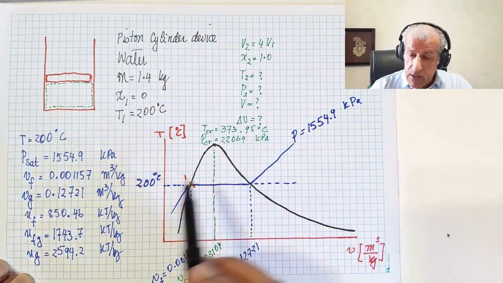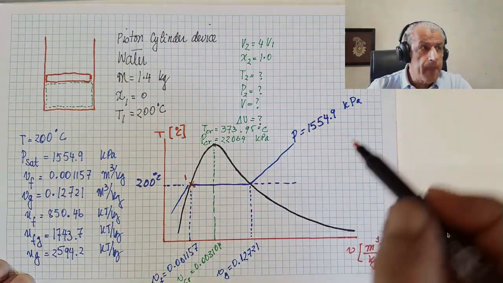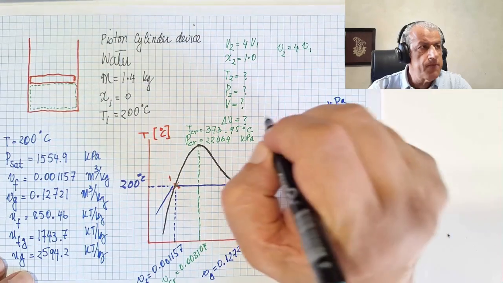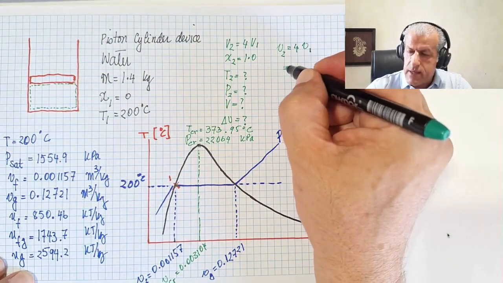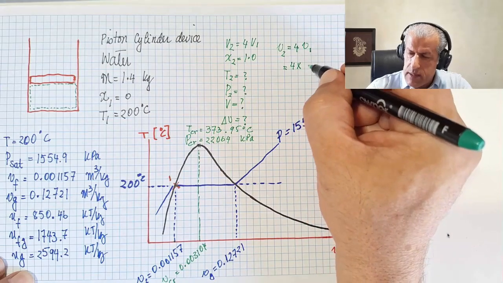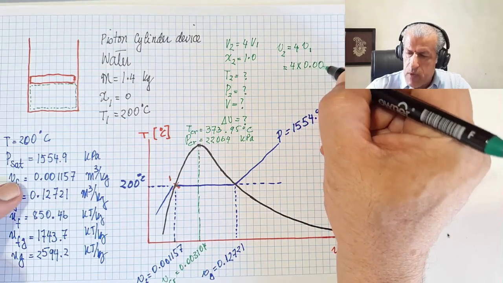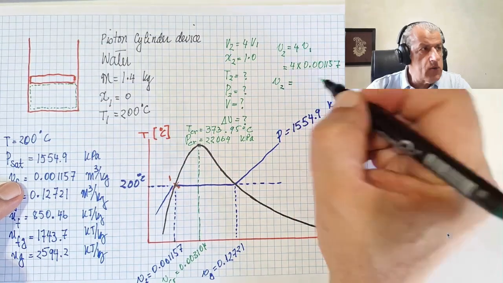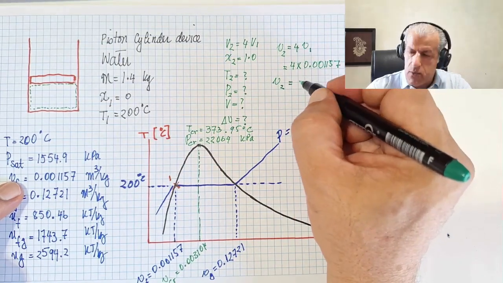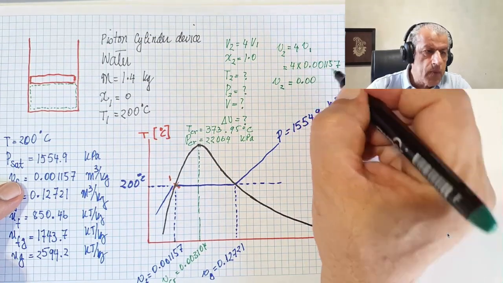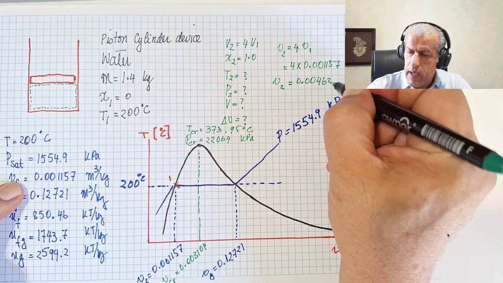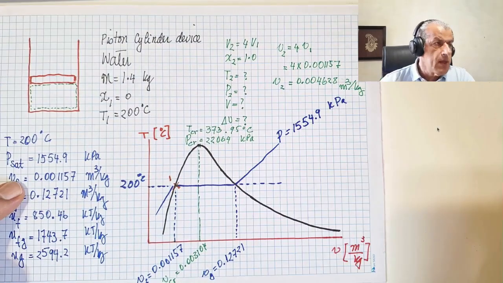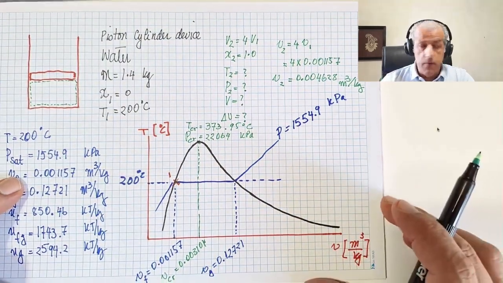So if we calculate v2, you see we know v1. v2 equals 4 times v1, and that equals 4 times 0.00115, and we learn that v2 equals 0.004628 cubic meters per kilogram. Now, let's transfer this knowledge over our graph.